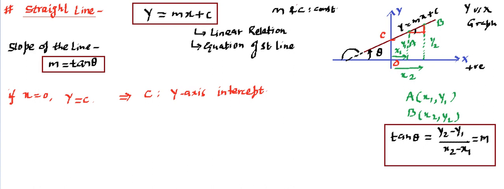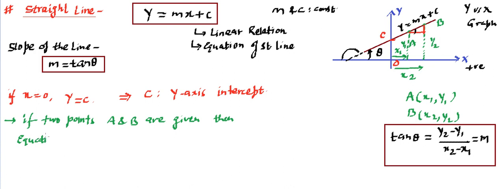So if 2 points A and B are given to us, then the equation of a straight line can be written like this: y minus y1 is equal to m, or you can write the value we have already calculated in terms of y1, y2, which is y2 minus y1 divided by x2 minus x1, in brackets x minus x1.